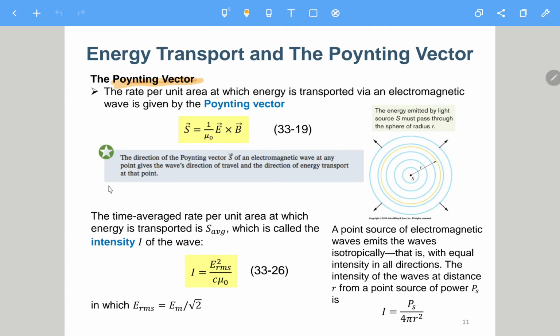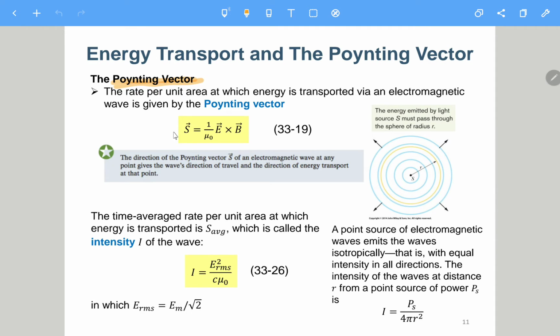The direction of the Poynting vector S of an electromagnetic wave at any point gives the wave's direction of travel and the direction of energy transport at that point. So it tells you how the EM wave is propagating, and the magnitude of the Poynting vector is the rate per unit area at which energy is transported via the EM wave.